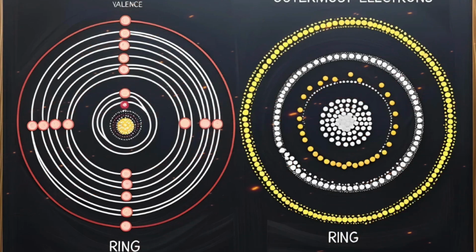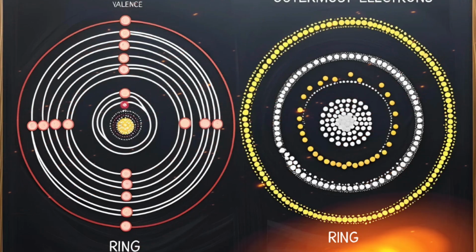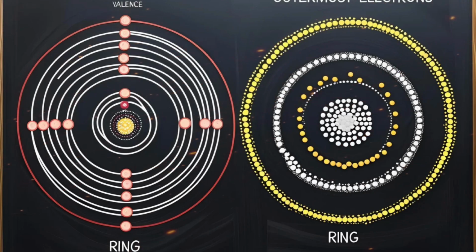This means they can lose different numbers of electrons depending on the chemical reaction. Iron, for example, can exist as Fe²⁺ or Fe³⁺, each form participating in different chemical behaviors. This flexibility makes transition metals incredibly versatile in bonding and reactivity.